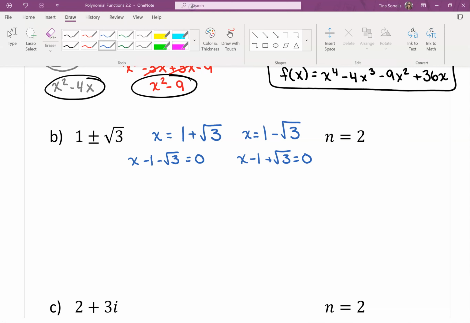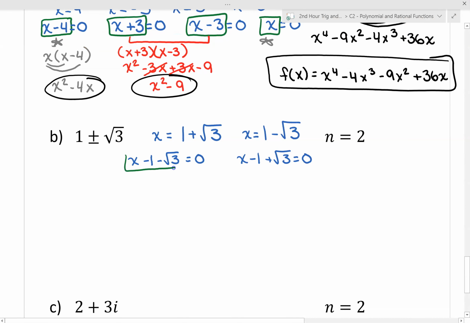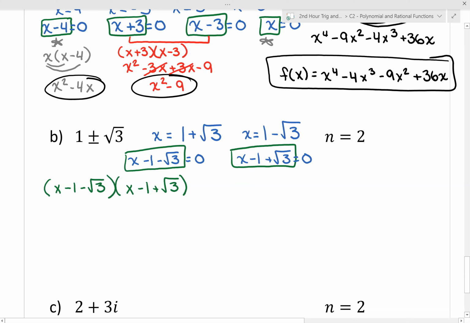Okay, now we can take our factors and multiply them together. So we're going to have x minus 1 minus square root of 3, x minus 1 plus square root of 3. Now, you are more than welcome to distribute and take 1 times all of that, that times all of that, and then the square root of 3 times all of that, or negative square root of 3.